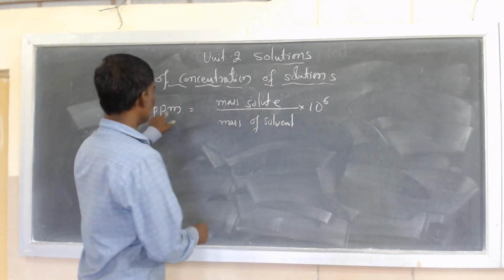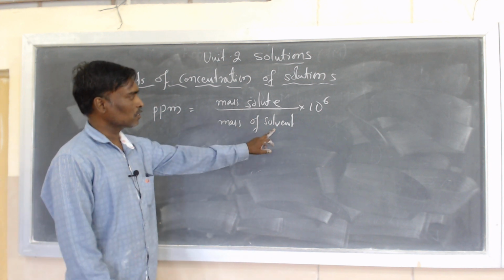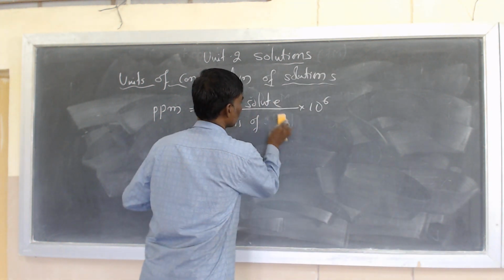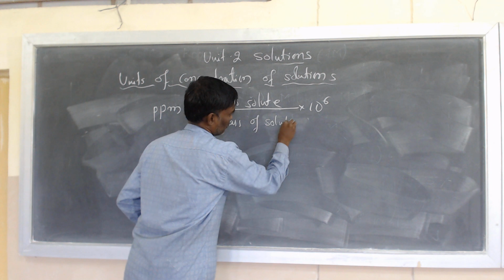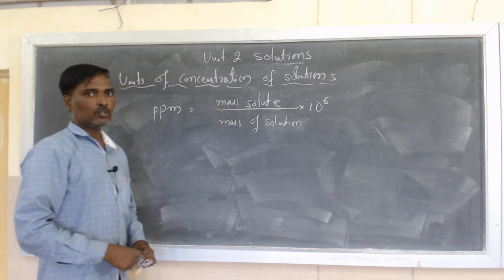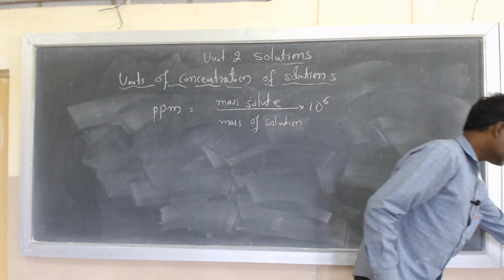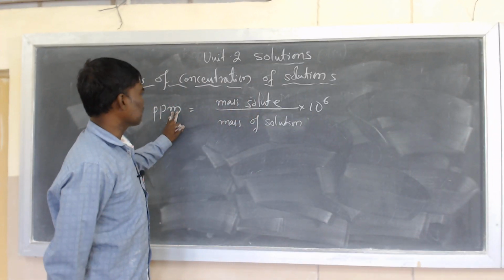Next is the ppm. The formula we use here is mass of a solute by mass of solution into 10 raised to 6. Mass of a solute divided by mass of solution into 10 raised to 6. See, this formula looks exactly like a mass percentage.